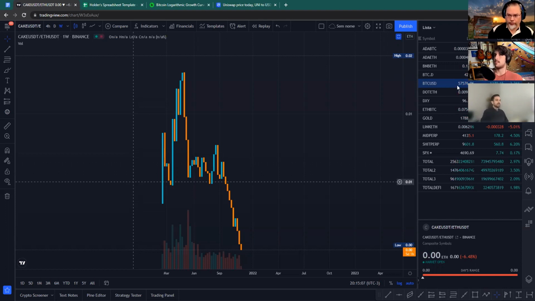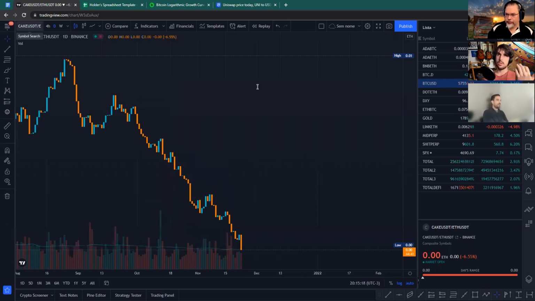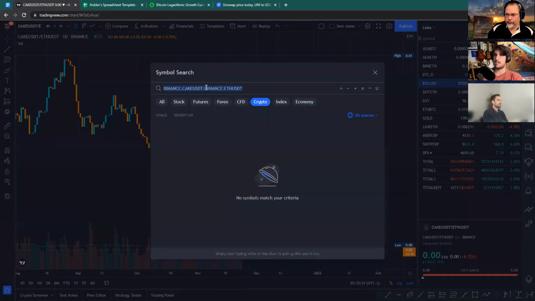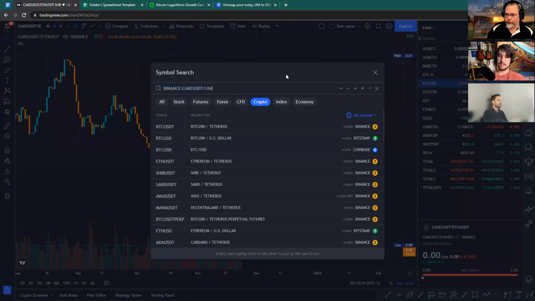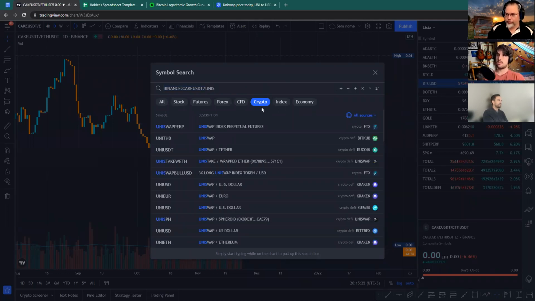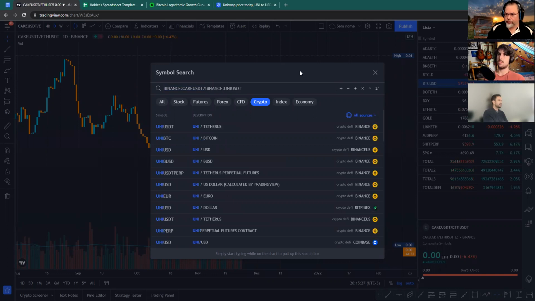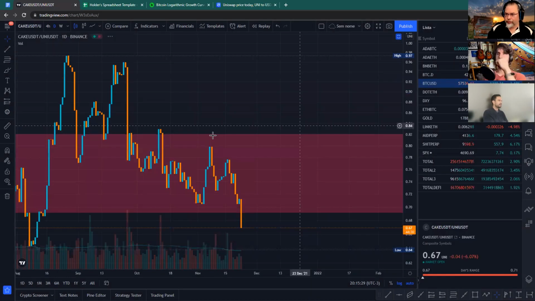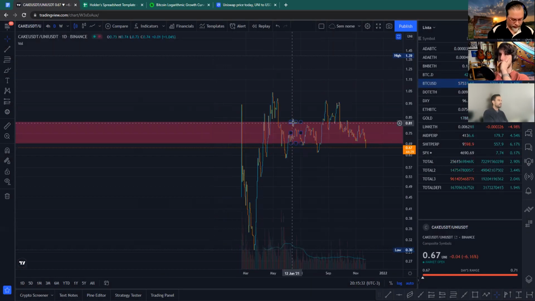Now you can not only compare it to the main cryptocurrencies, but you can also compare it to similar cryptocurrencies. So for example, we can see Cake versus Uniswap. Here it is, Cake divided by Uniswap. I have a little chart right here, and it's on log scale.